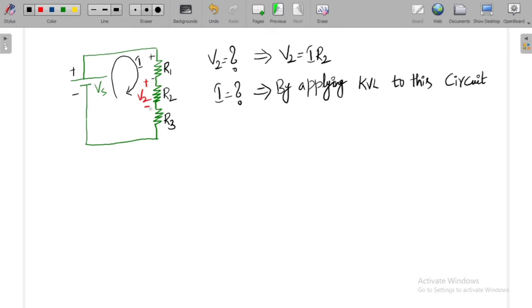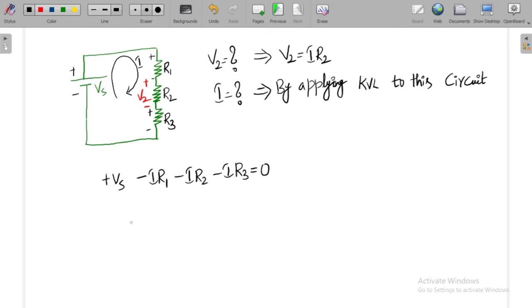So we are moving in the direction of current which I represented in clockwise direction. As I am moving from negative to positive, it is voltage rise. So it is plus Vs, and all the remaining voltages are basically voltage drops. The voltage drop across R1 is I times R1. Voltage drop across R2 is I times R2.